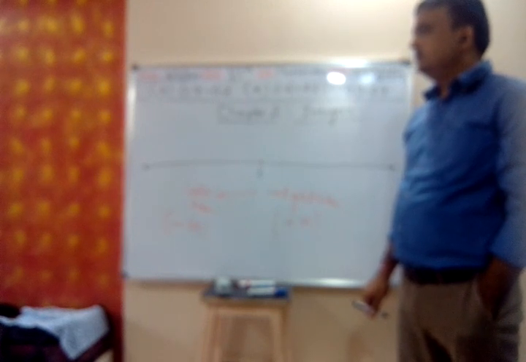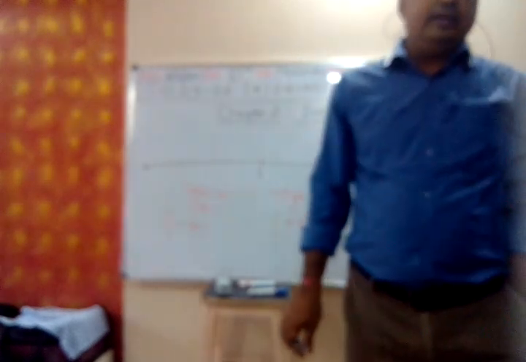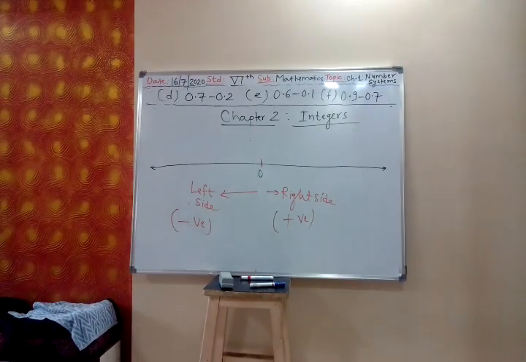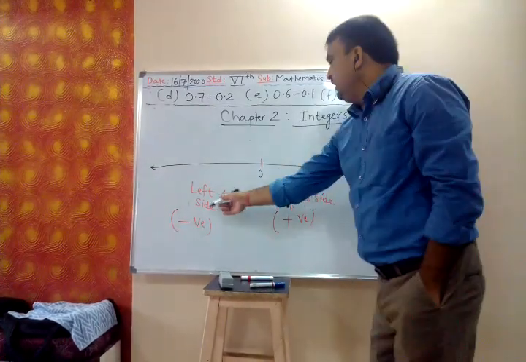To the right of 0 we have positive numbers, and to the left of 0 we have negative numbers.